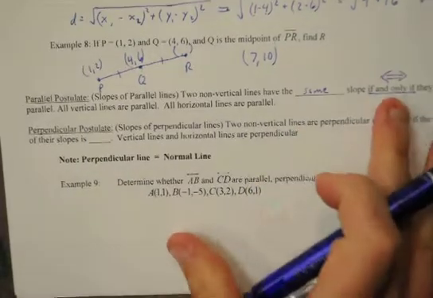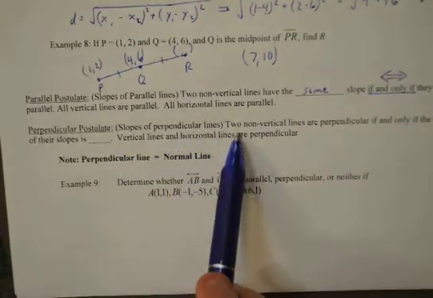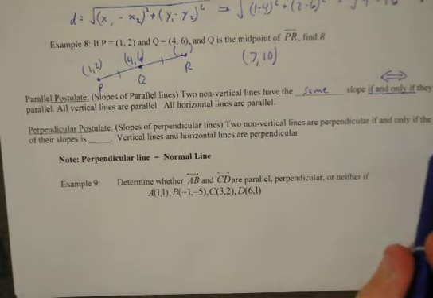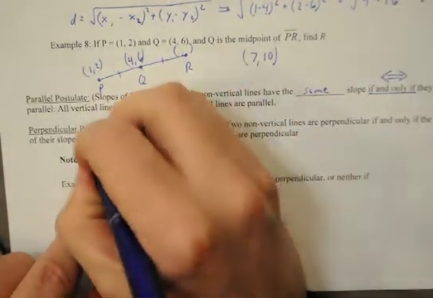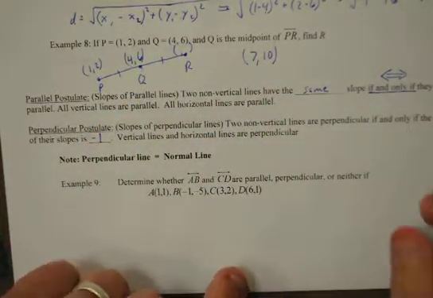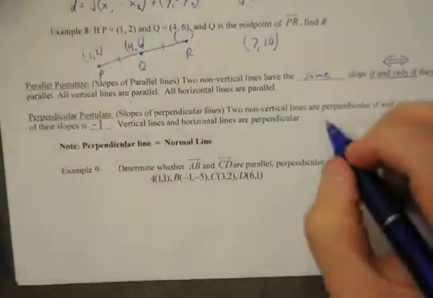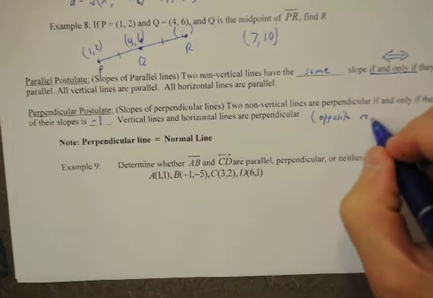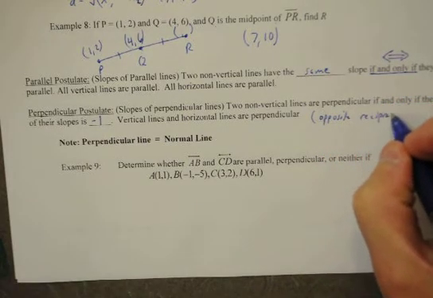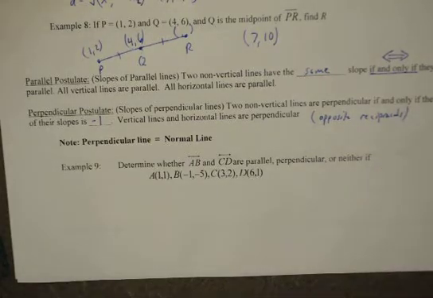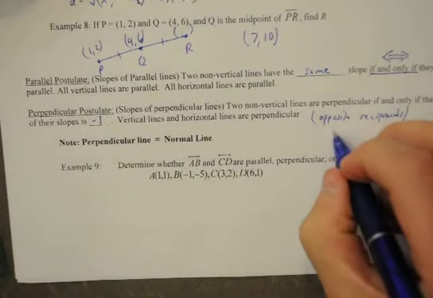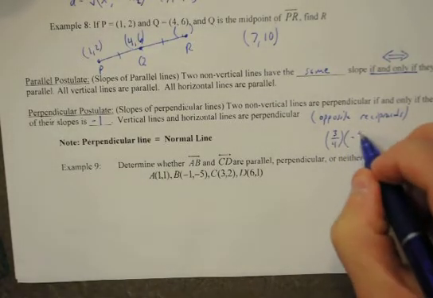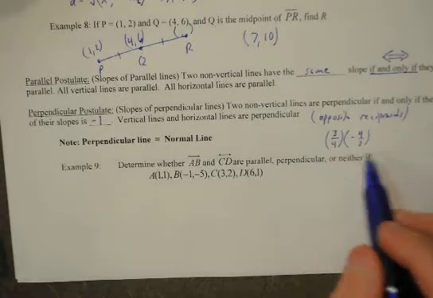Next, perpendicular. Slopes of perpendicular lines are perpendicular if and only if, there's that if and only if again, the product of their slopes is -1. You probably remember this from algebra class as opposite reciprocals. Probably didn't spell it right, but you get it. So for example, a slope of 3/4 and a slope of -4/3 would be opposite reciprocals.